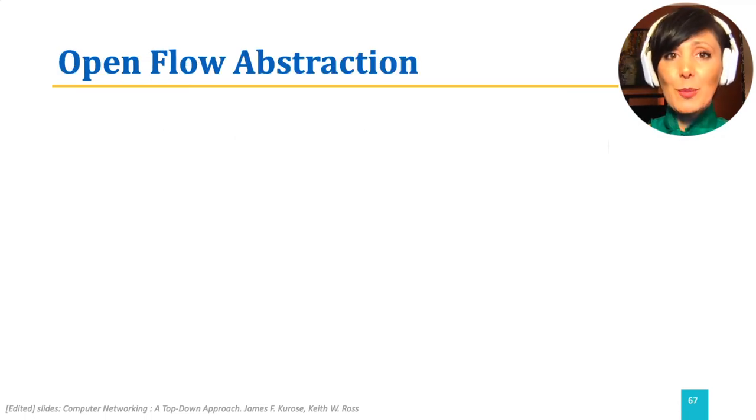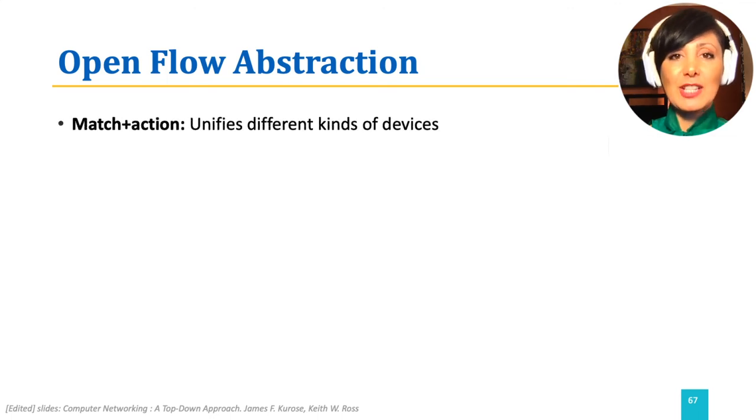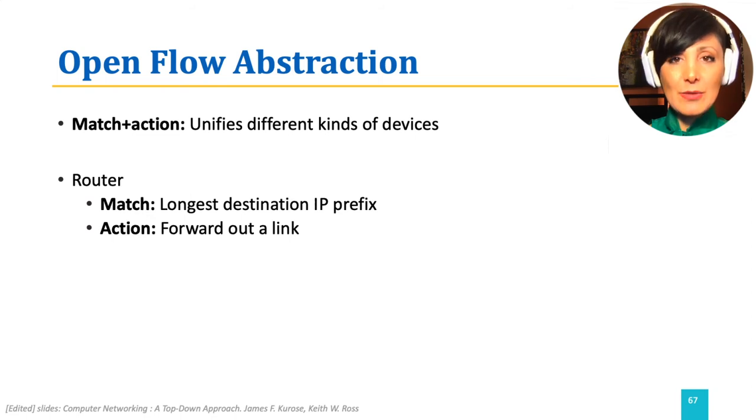What is performed on all of the generalized forwarding examples we saw from OpenFlow is matching a pattern followed by performing an action. The generalized forwarder can act as a router when matching is performed based on longest destination IP prefix and the action is forwarding out a given port.